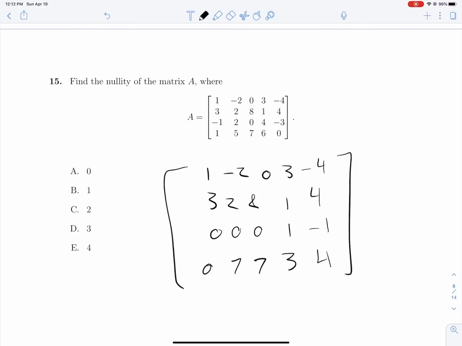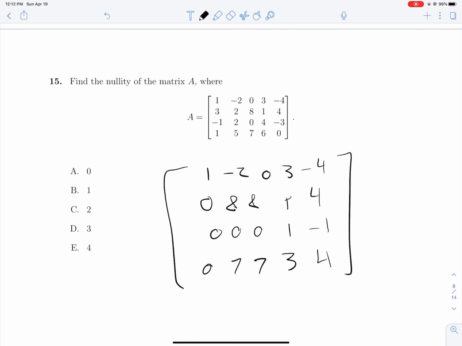That was a little messier than I would have liked. Okay, I'm doing this in a little bit of a weird way. Let's subtract 3 row 1s from row 2. That'll give us 0, subtracting 3, so adding 6 is 8.